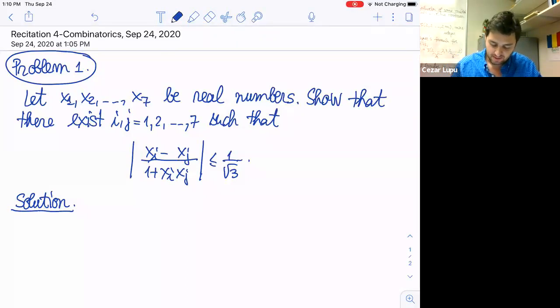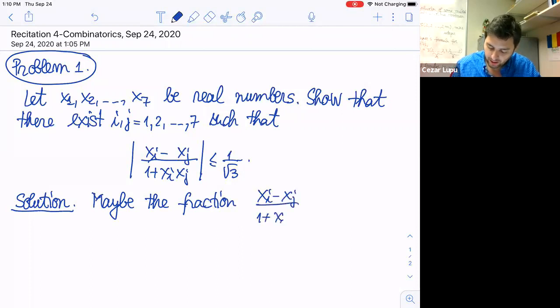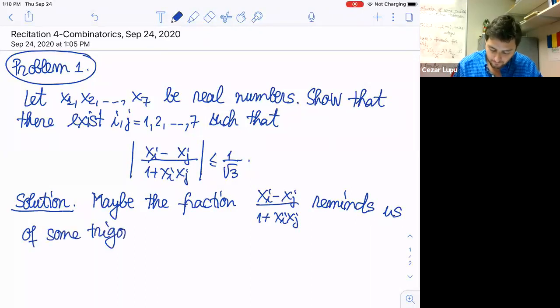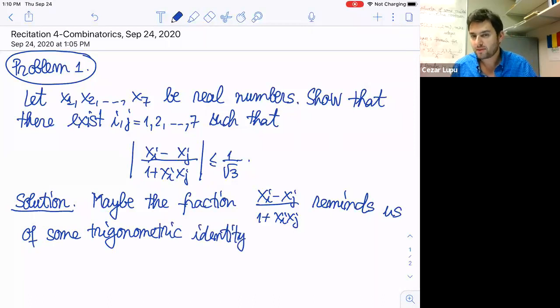So maybe the fraction xi minus xj over 1 plus xi xj reminds us of some trigonometric identity involving one of the trigonometric functions.